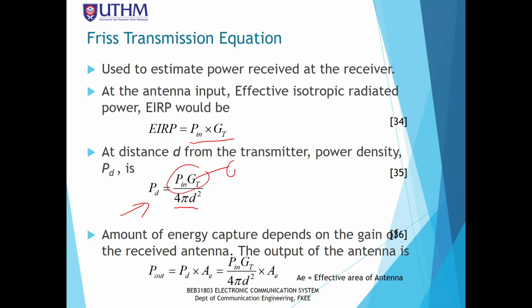Ini sebenarnya GP. Okay, this is actually GP, bukan GD. P input we multiplied with GP, P radiation we multiplied with GD. Okay. So sekarang yang guna tu GP bukan GD.